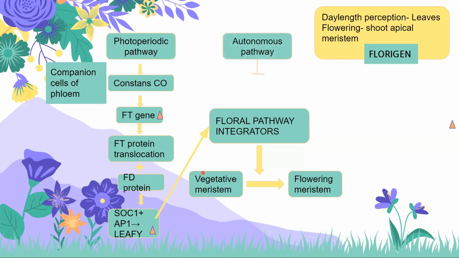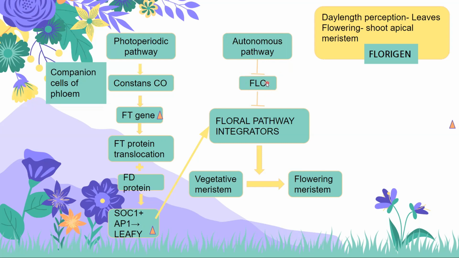The second we are going to discuss is the autonomous pathway, which doesn't depend on any environmental signal. The autonomous pathway represses FLC. What is FLC? FLC is Flowering Locus C. From the name, we would feel that it should promote flowering, but actually it's quite the opposite.